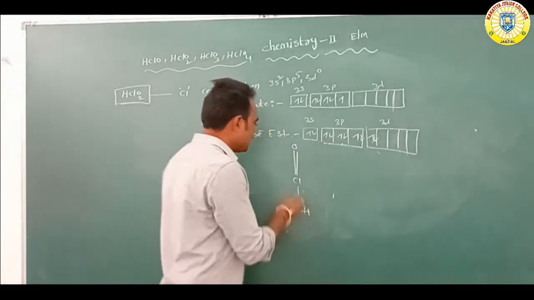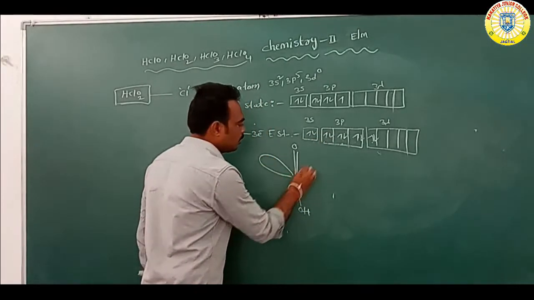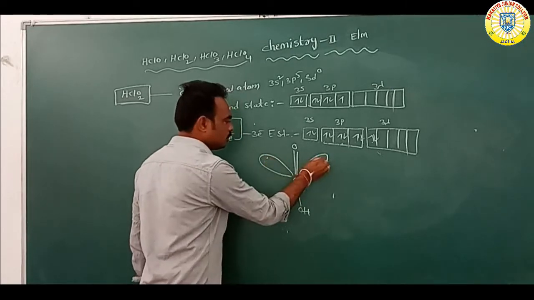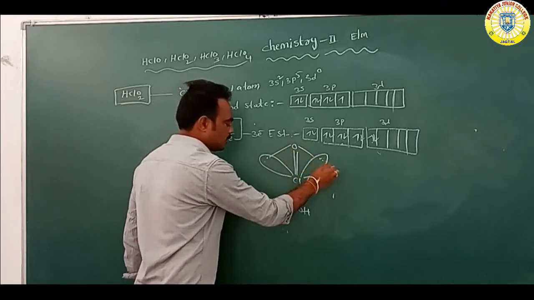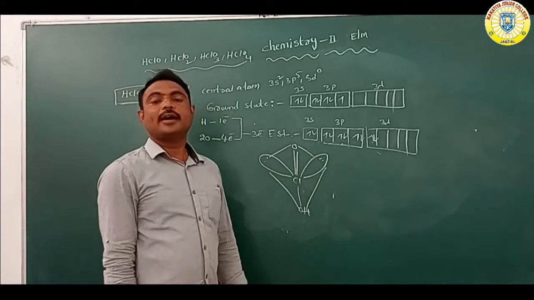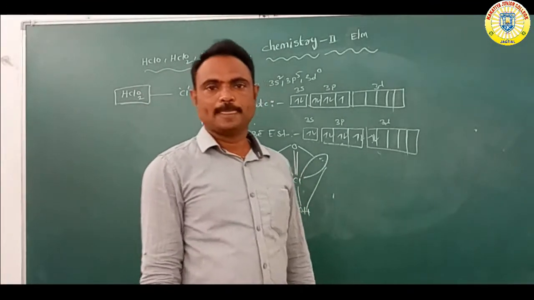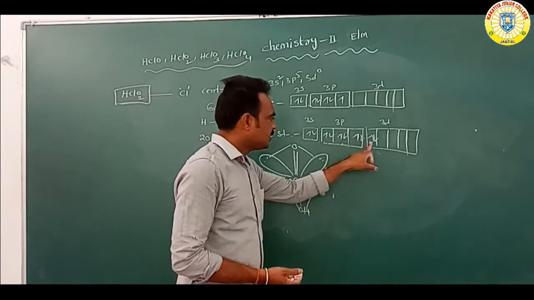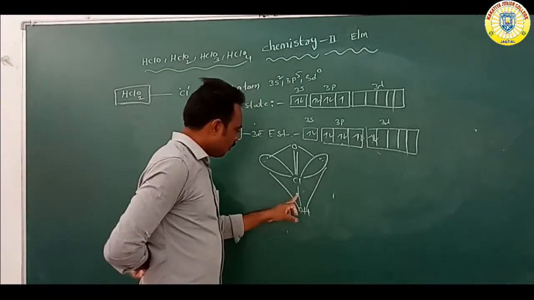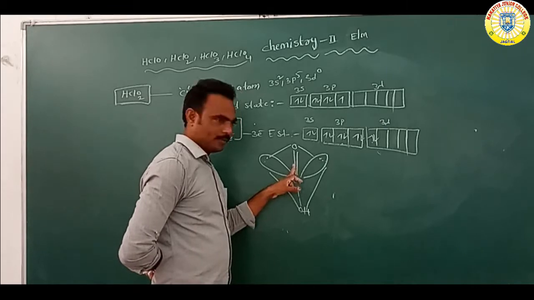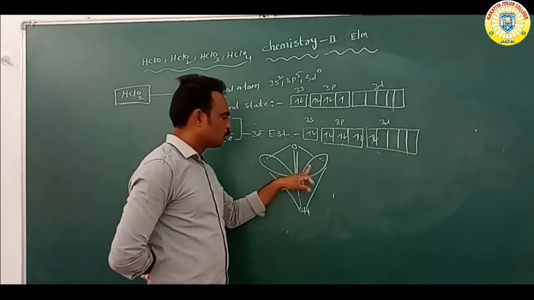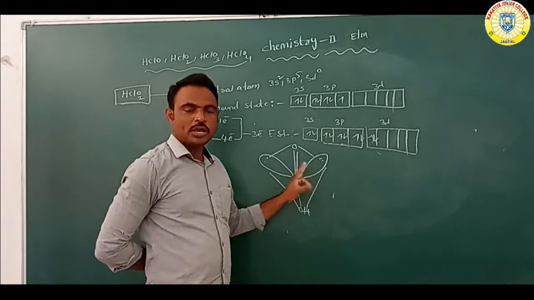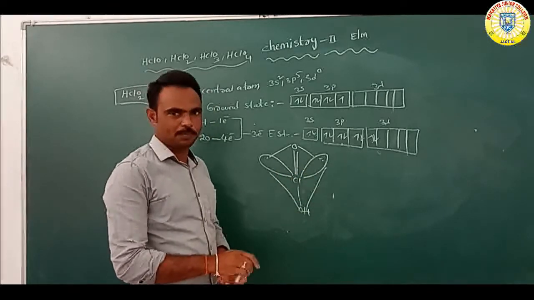Those 2 lone pairs are indicated with the orbital. It has a tetrahedral shape. Total bond pairs: 3, and lone pairs: 2.